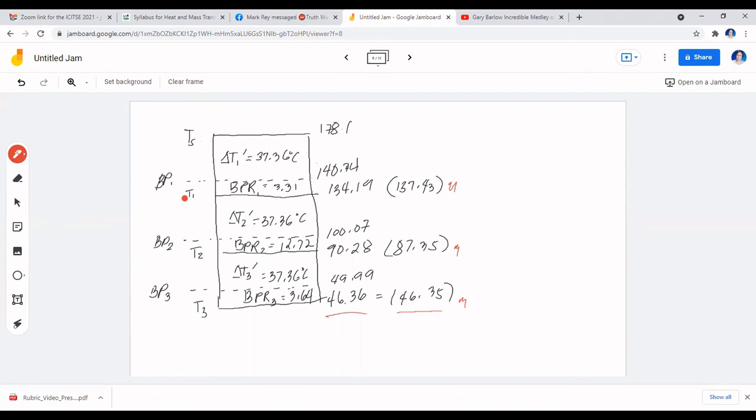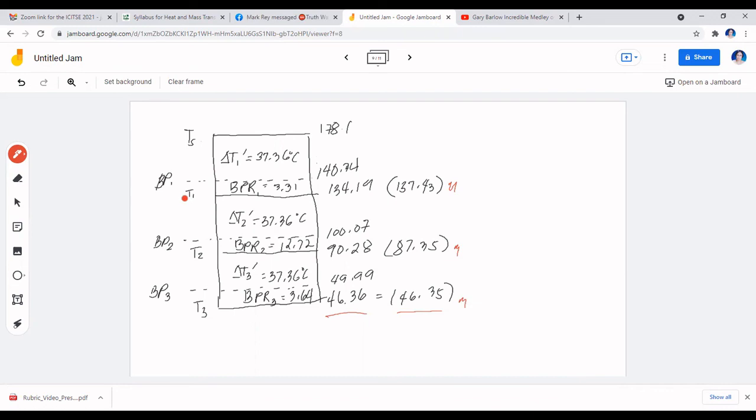If you're okay with that, then you can proceed with the rest of the procedure. If not, then you have to go back to step 4, and substitute the new B's that you got when you did your material and energy balance, and solve for the new solid content of your effects.